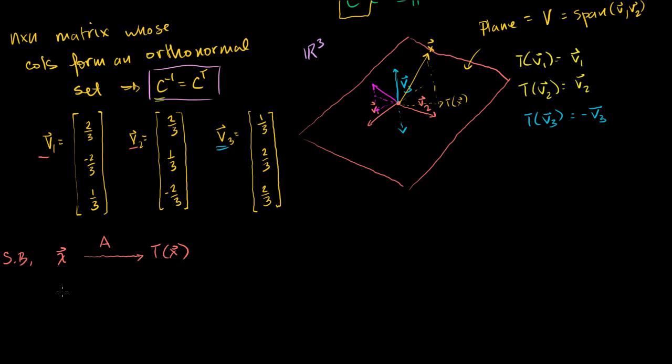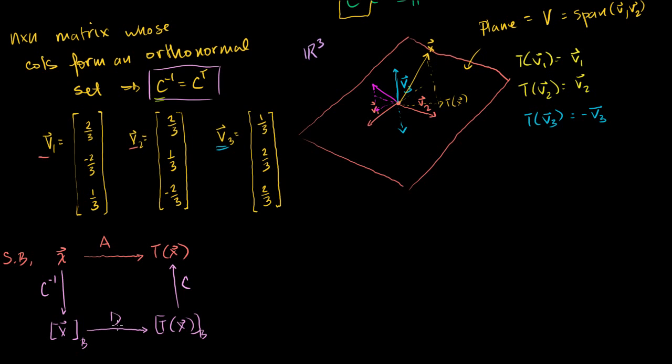So what I'm going to do is try to construct some basis so that when I represent x in that new basis, if I multiply x times the inverse of our change of basis matrix, then I'm going to get x in the new basis coordinates. And maybe it'll be easier to find the D in this new basis, and then we'll get the B representation of the transformation of x. And then we can multiply back times C.